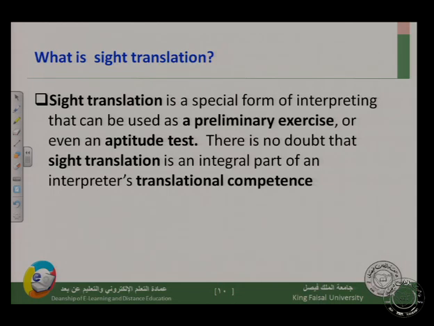An aptitude test, you look at the text, and he or she will say to you, okay, translate this to me. You look at the text and you fire it.